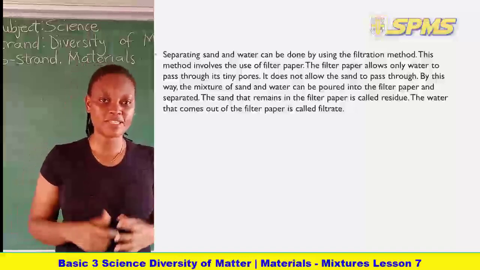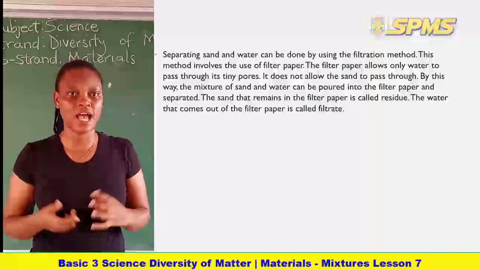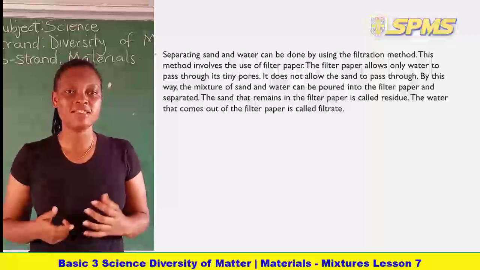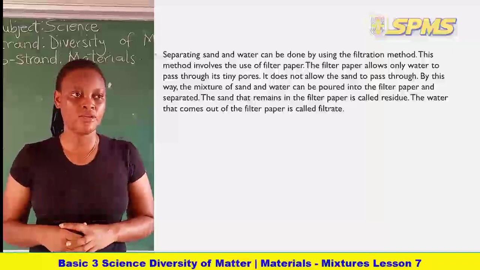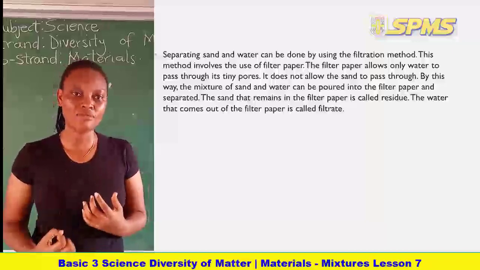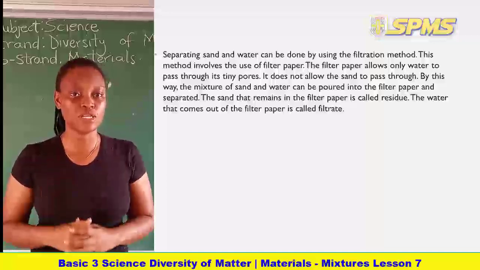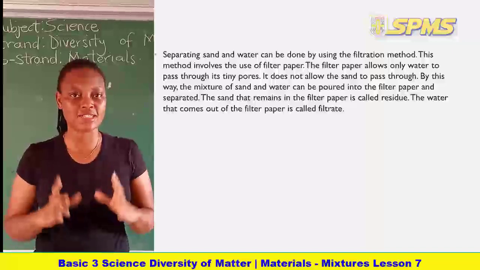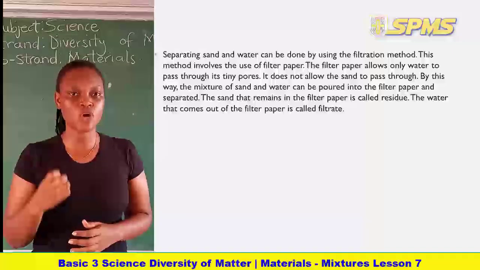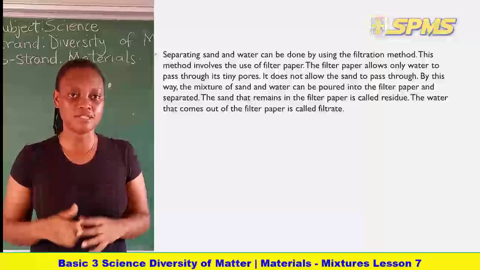Okay, so separating sand and water can be done by the filtration method, as we saw. This method involves the use of a filter paper. The water that comes out from the filter paper is known as the filtrate. So the water or the liquid is known as the filtrate. And then the solid left in the filter paper is known as the residue.